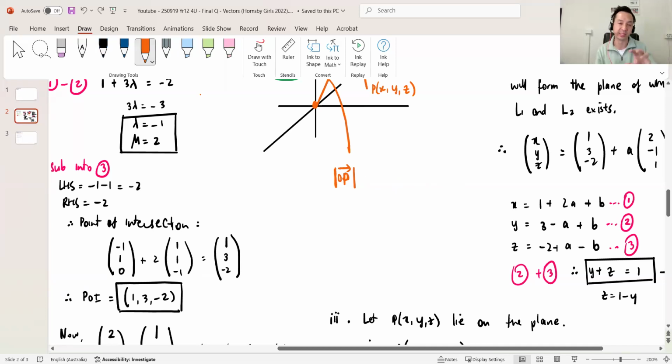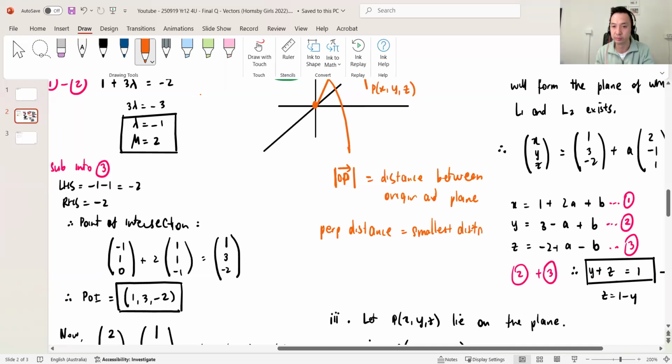Maybe I'll just write it because that's just distance: the distance between origin and plane. Now, the perpendicular distance is equal to the smallest distance. It's already defined as smallest OP.